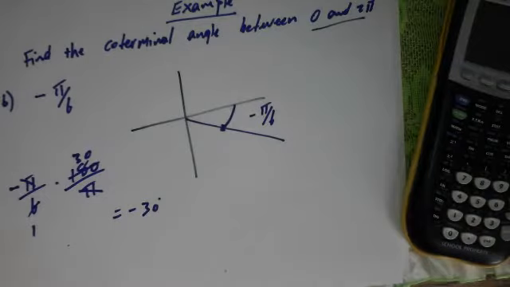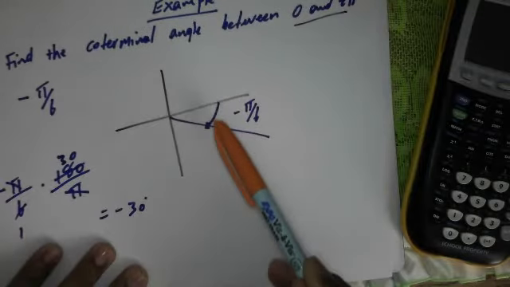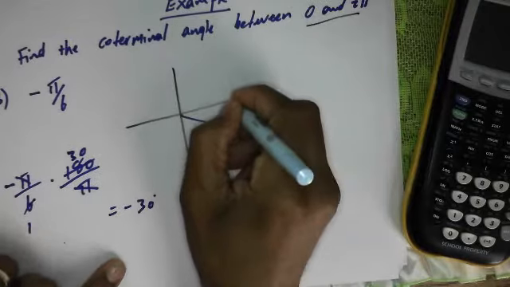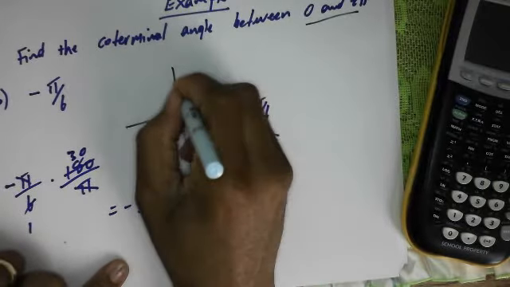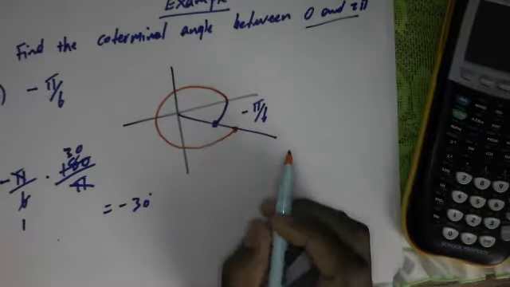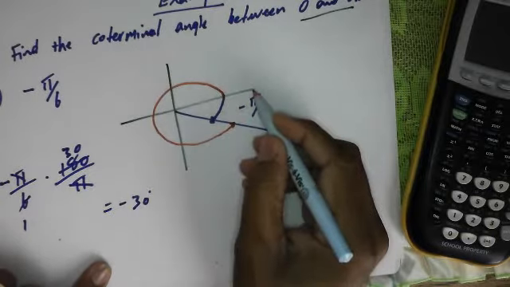Now, we need an angle that is within this domain, okay? It must start from here and it must end here, okay? So we want it to be positive, so we go counterclockwise. So we're still starting from here and it ends right here, okay? So how can we get that? Remember that if we come from here and come all the way around, that will be 2 pi, okay?